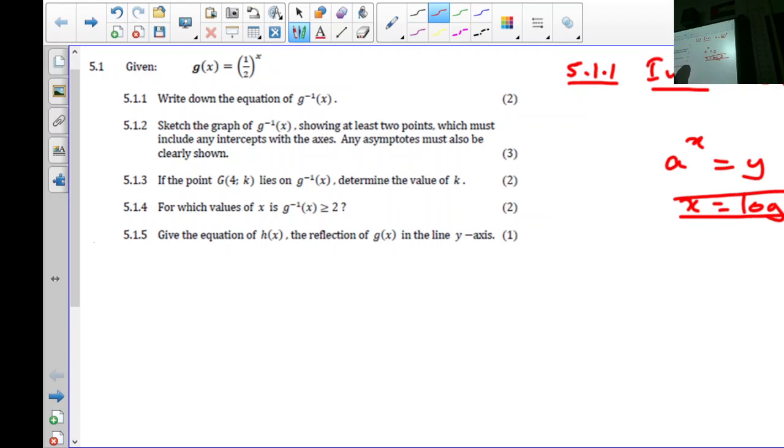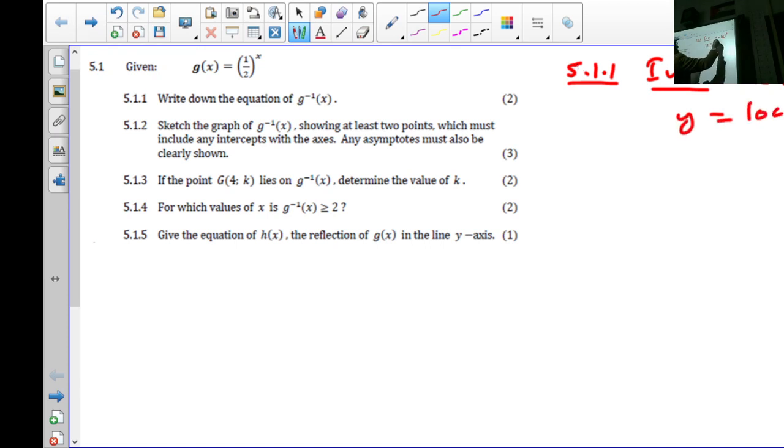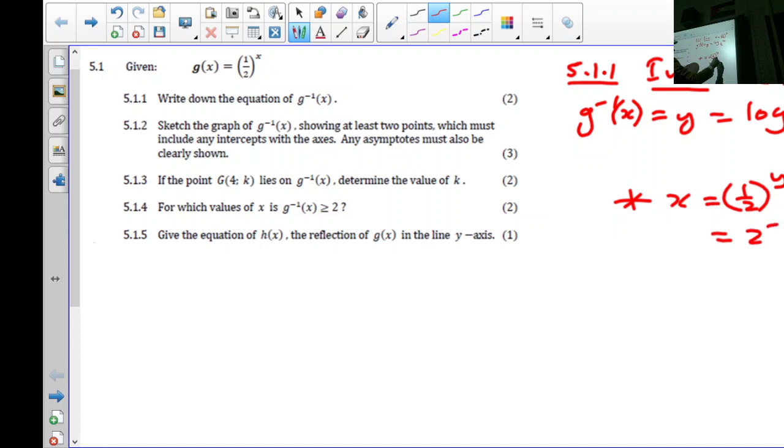Okay, so if I take that into account, that would simply be y equals log x base a half, and that's the inverse function. Of course, there's another way it could have been written. If I had x is equal to a half to the y, a half can be written as 2 to the negative 1.